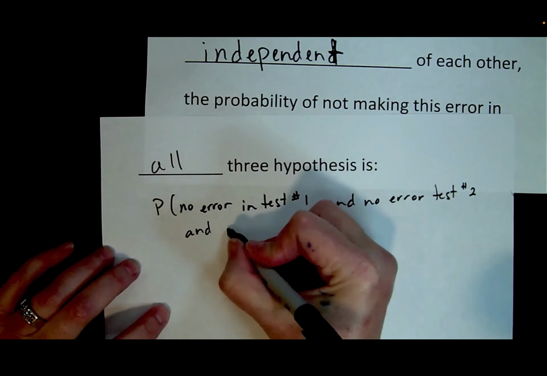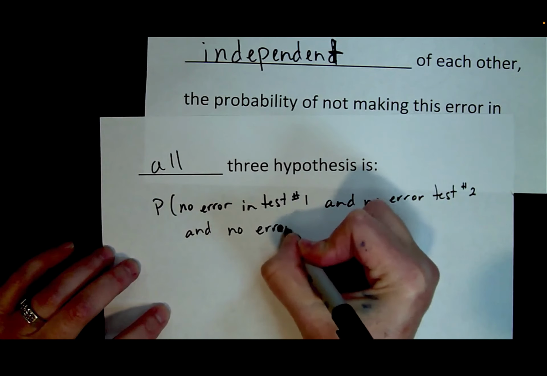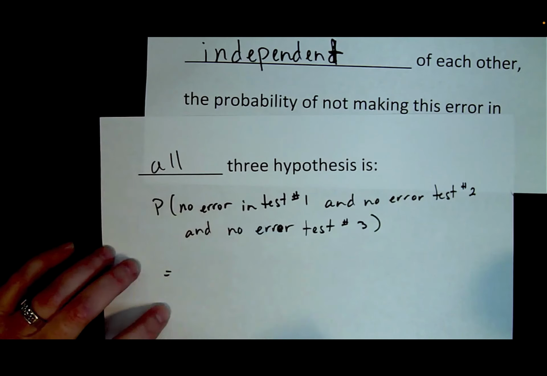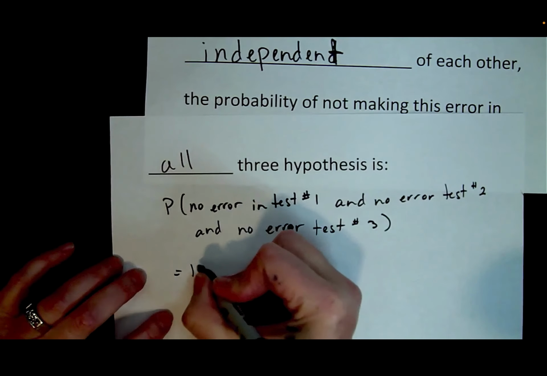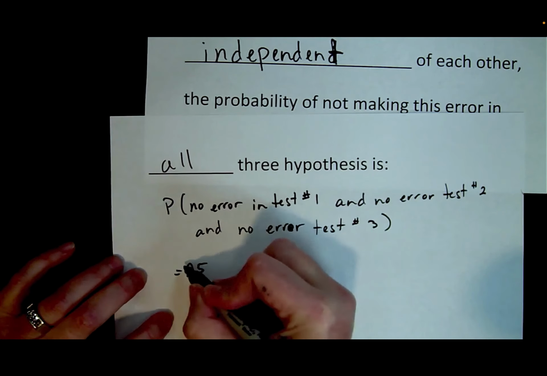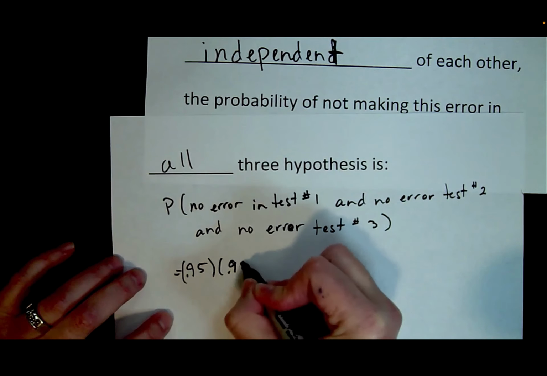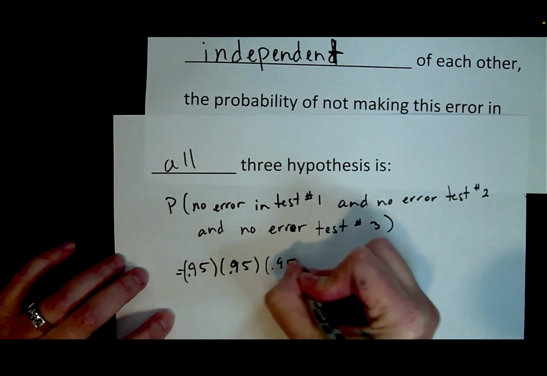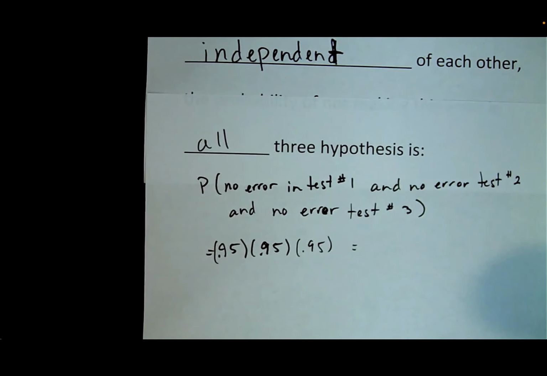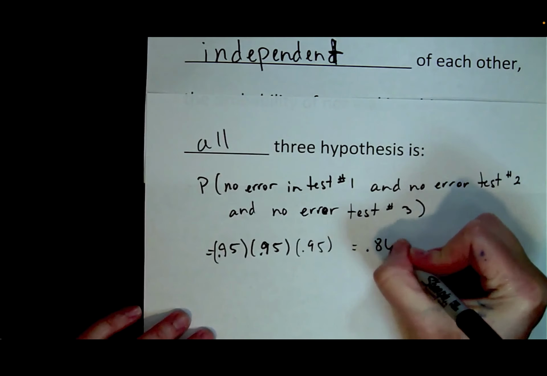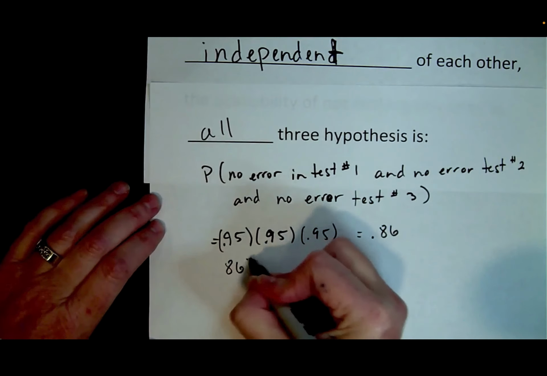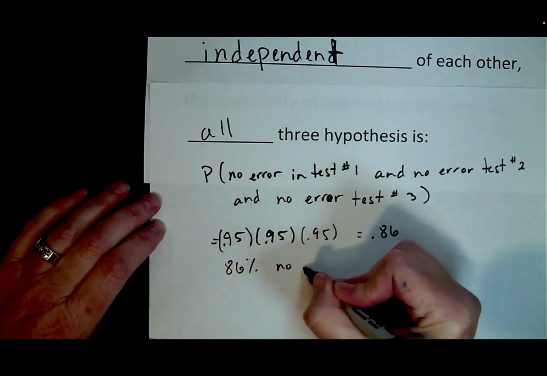I have to do that 3 times. Make no error. Have it come out right in each test. Okay, since those are independent, it's the product of the probabilities, and we said each probability is 0.95. So you have a 95% chance of getting each one right. And when you multiply 0.95 times 0.95 times 0.95, what you get is 0.86. So you have an 86% probability of no error in the 3 tests.